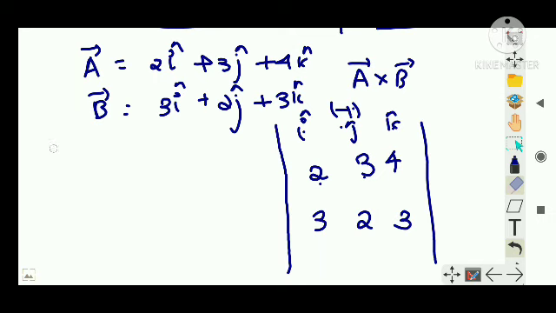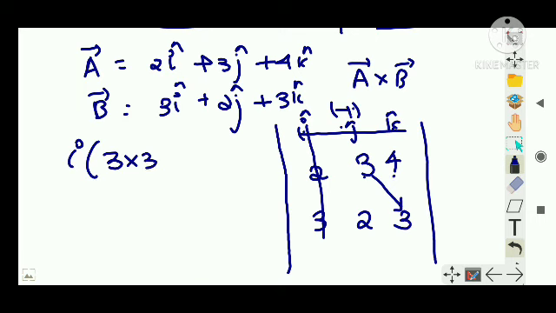Write first i here. I'm going to write the terms which have to come with the i vector. Close this row and this column, or cut them off, right? And then do 3 into 3 minus 4 into 2. This is a process, guys. Minus 4 into 2, right?